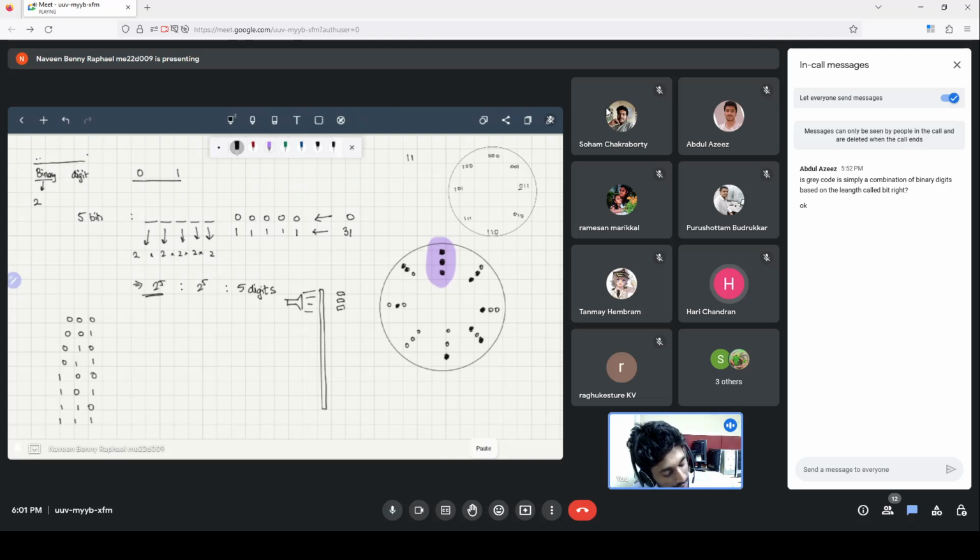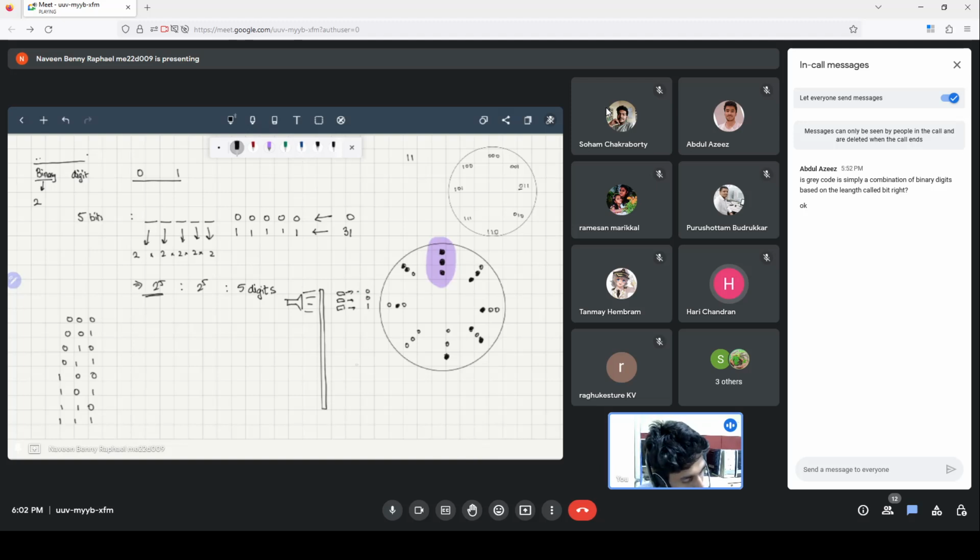So as the wheel spins, say I read 001, that is, this receives no light, this receives no light, and this receives light. And then I would call that 001.